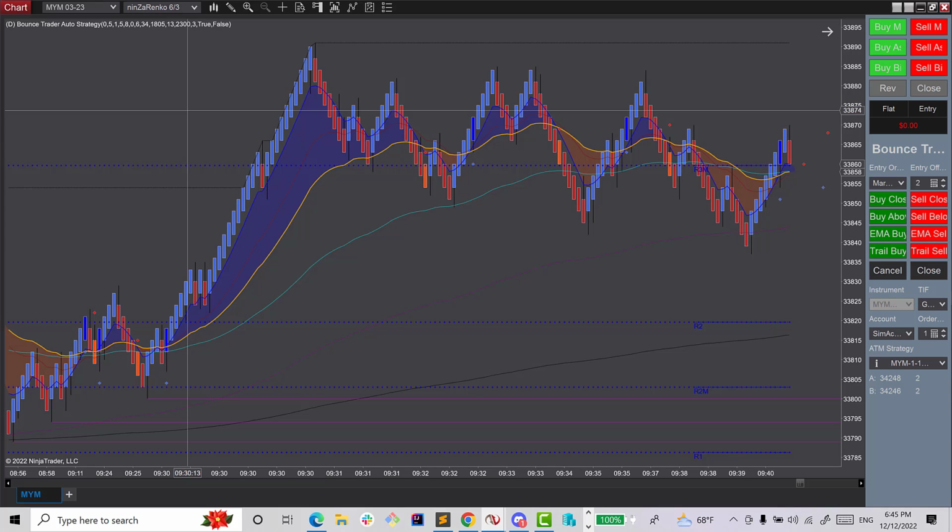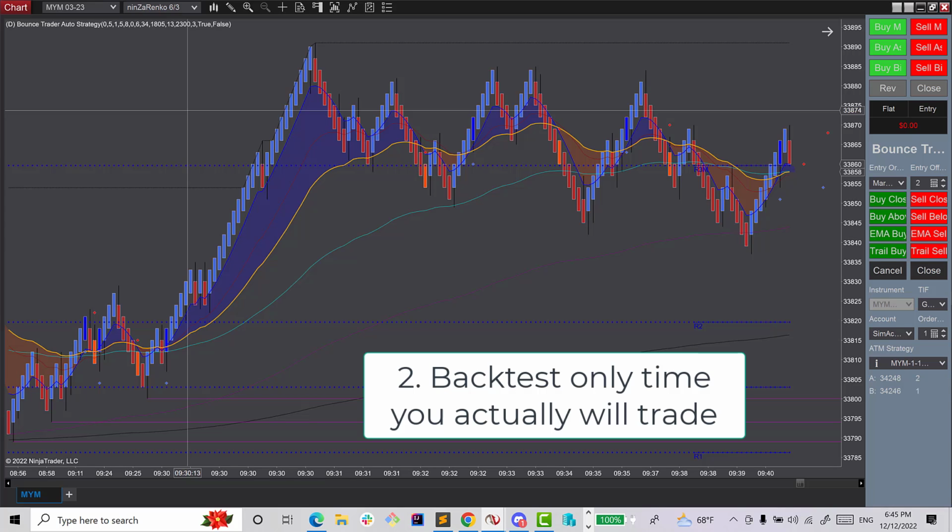The second element is to backtest for a specific time only, the time you will actually be trading. If you're trading only the first hour of the opening session, you want to backtest only that period of time. Don't test any other time, only the time you're actually going to trade.